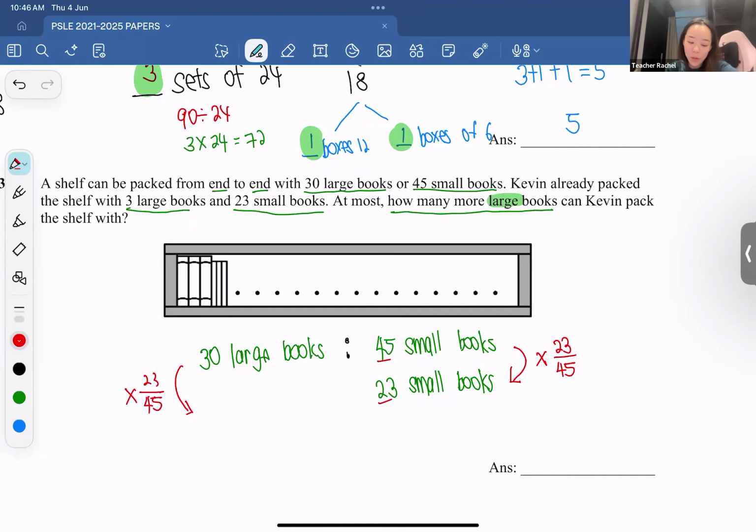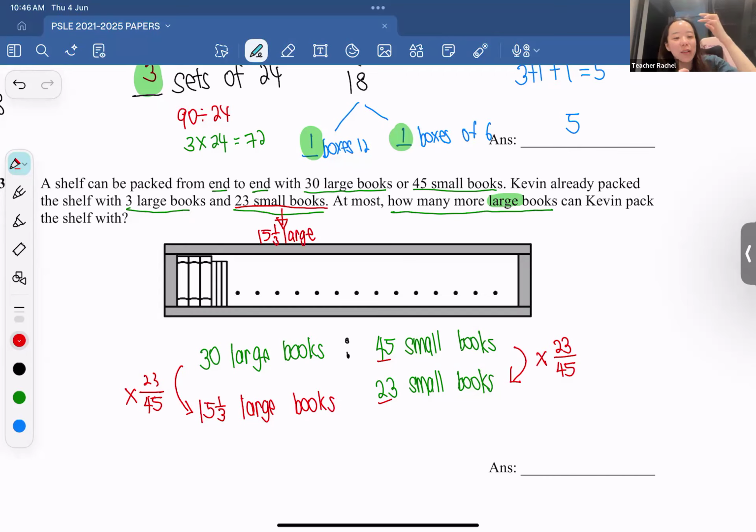So what do I get? You press your calculator, 30 times 23 over 45, you will get 15 and 1/3 large books. Which means this 23 small books is the same as 15 and 1/3 large books.